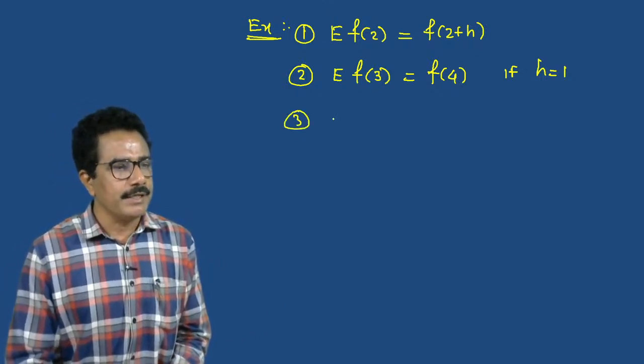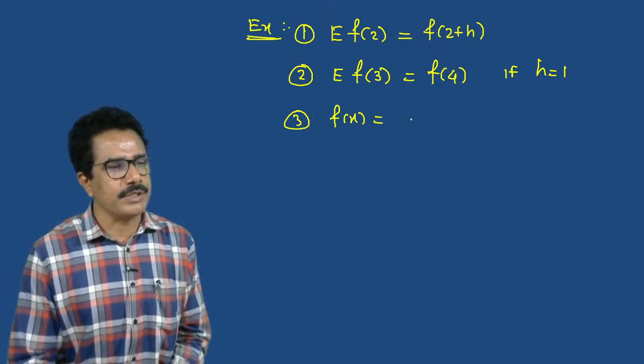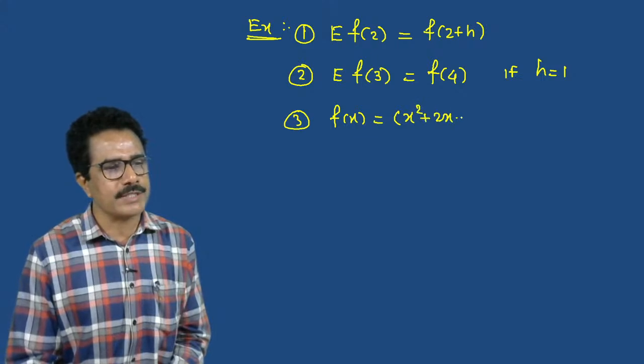That is the third example. Suppose f of x is equals to x square plus 2x plus 1.